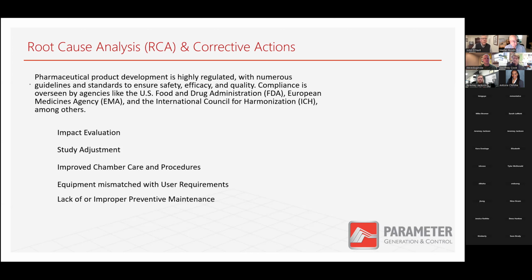I'll just throw in that if you have one of these cited in a 483 for lack of impact evaluation or adjusting a study if it was called for, improving your chamber care, any one of those, all the way through to improper preventive maintenance, a repeat 483 is not good. So it's significant. If you have any one of these, you don't want to let it go, even if it's a matter of money or resources. You need to find a way to deal with that.